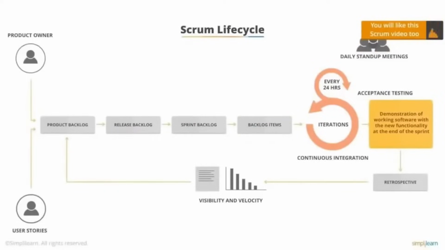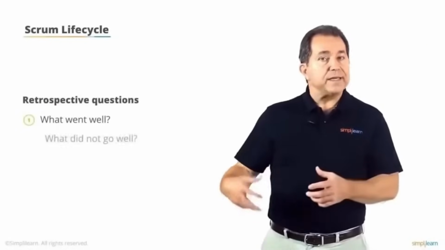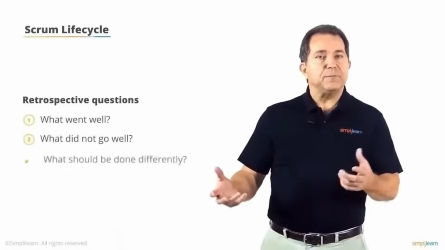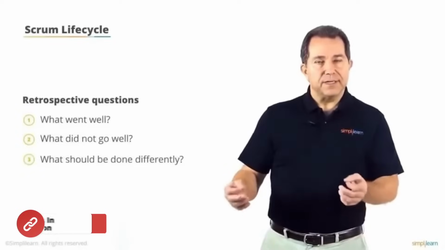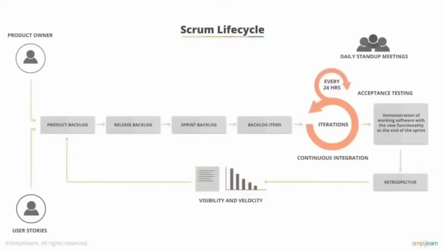The team then conducts a sprint retrospective. During the retrospective, the team looks at primarily 3 things: what went well, what did not go well, and what should be done differently going forward. The team's velocity is then updated, as are the information radiators, which transparently display the status and progress of the project, and then the cycle repeats itself until the project is complete.